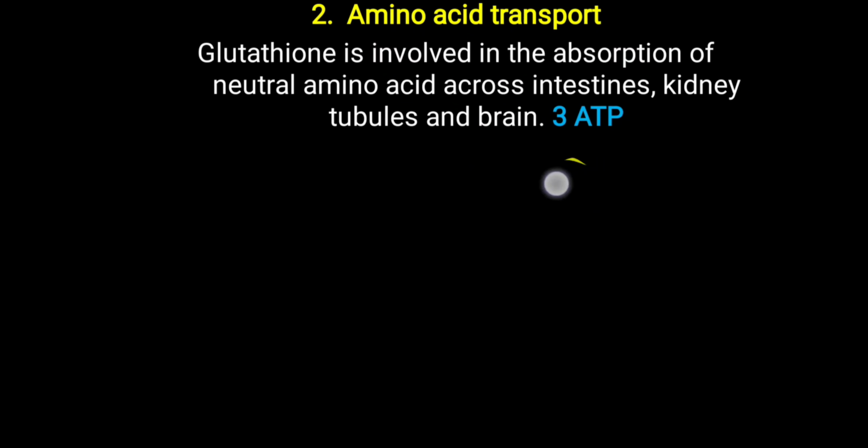So this Meister cycle is also working with the help of this glutathione. So glutathione is basically involved in absorption of amino acids, but here you have to remember particularly neutral amino acids. Now during this amino acid transportation, glutathione will be degraded and again resynthesis of glutathione will occur, and during that whole process of transportation of one amino acid across the intestine, kidney tubules or brain, a total of 3 ATP is utilized. Now, that is the first one, amino acid transportation.